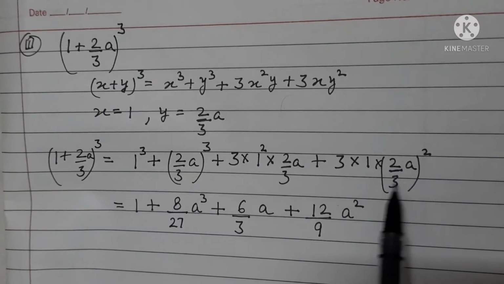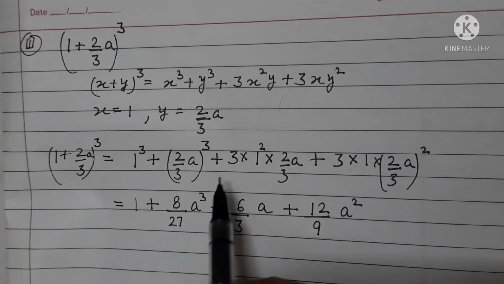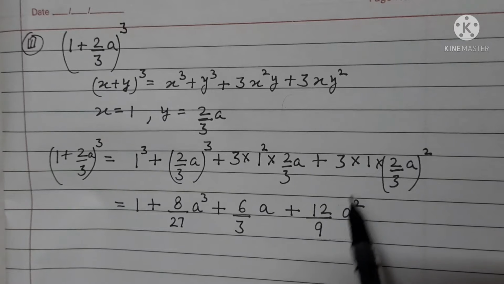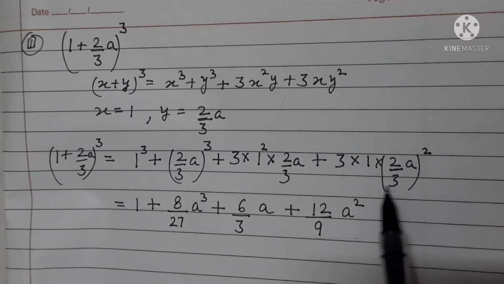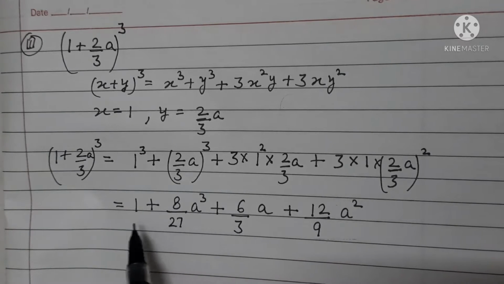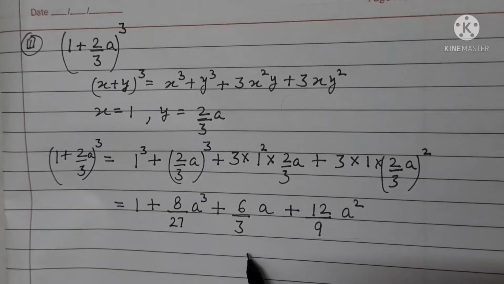When you put the values, you will get this step, and you can cut 3 from here, or in the next step you can cut. Here this is square, so 1 3 you can cancel in numerator and denominator. But if you do not solve, then you can do one more step.